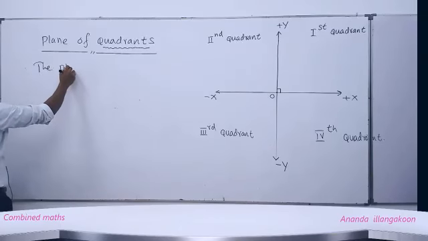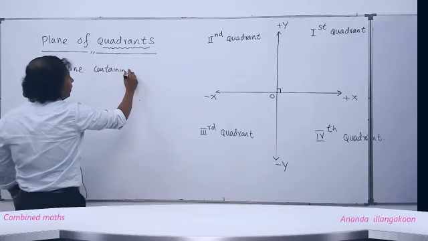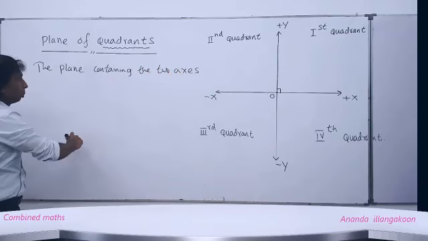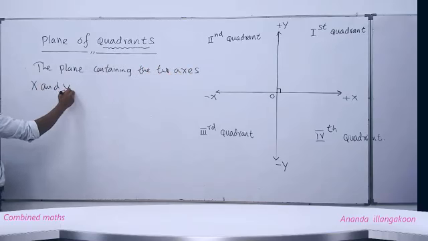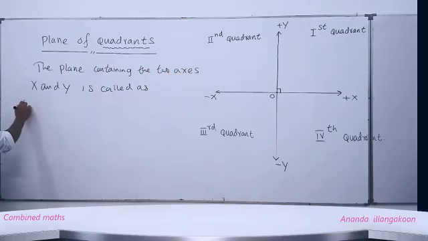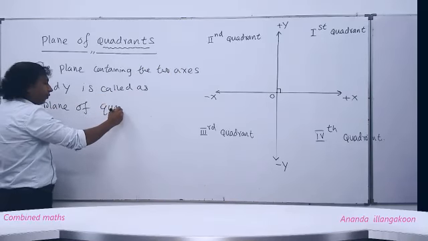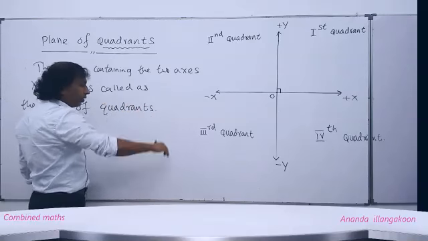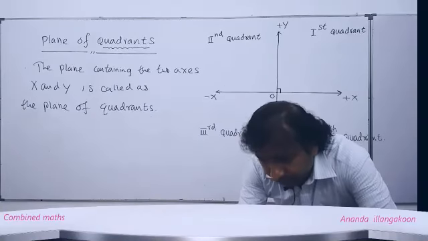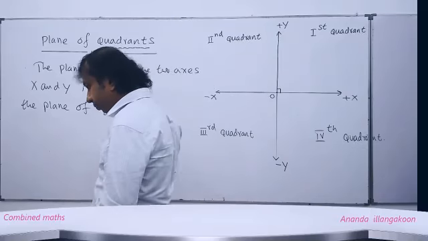The plane containing the two axes capital X and capital Y is called as the plane of quadrants. Plane of quadrants. Write it down.